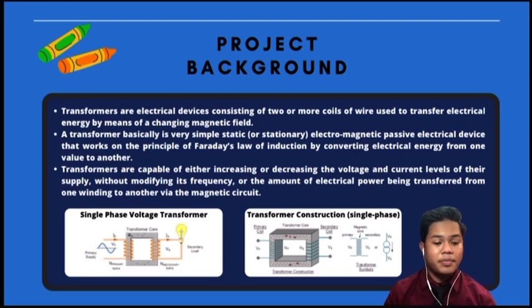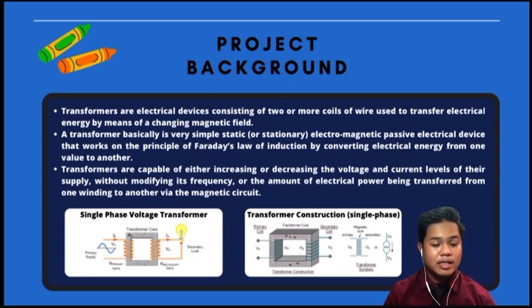A transformer operates on the principles of electromagnetic induction in the form of mutual induction. Mutual induction is the process by which a coil of wire magnetically induces a voltage into another coil located in close proximity to it.